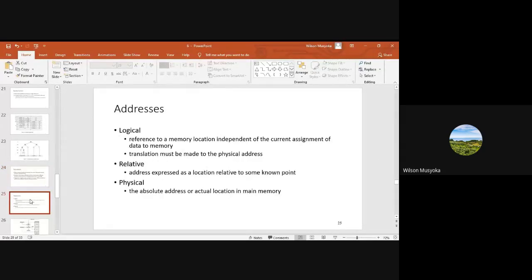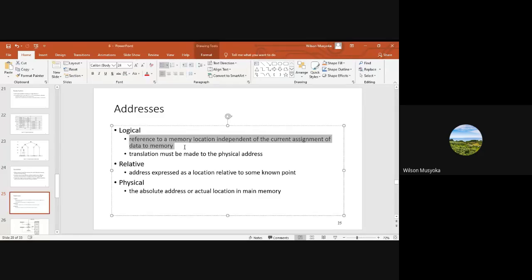So that is where addressing comes in, because at any given time, this process will be given a specific address in the memory. Now, these addresses are of several types. Normally we have a logical address, which is a reference to a memory location independent of the current assignment of data to memory.